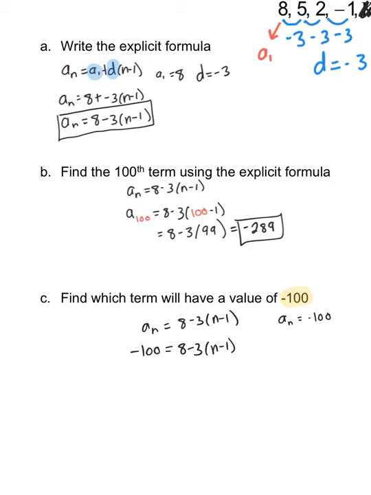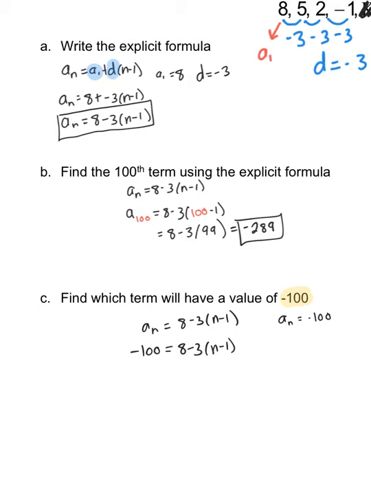So if I solve for n, I'll know which term has that value of negative 100. So I'm going to start doing this by subtracting 8 from both sides. What the majority of you are going to do, and I know because Algebra 2 makes this mistake all the time, you're going to want to subtract the 8 and the 3, but that's not what we're going to do.